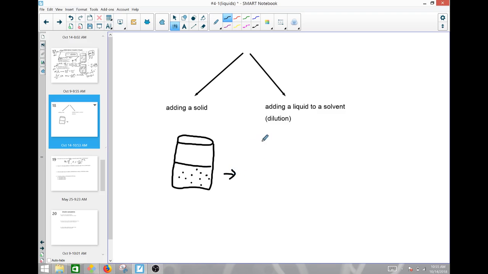When I dilute it, I'm adding more solvent, so I can't dilute to a higher concentration. I can just add more solvent and move to a lower concentration. Here's my new beaker after I've added this stuff. Now I have more solvent, but it's still the same 10 units, and this has a bigger area, so it's less concentrated.